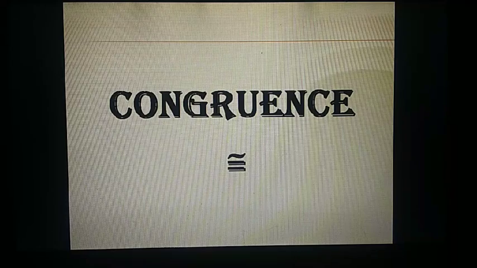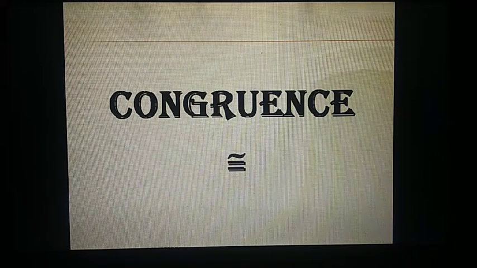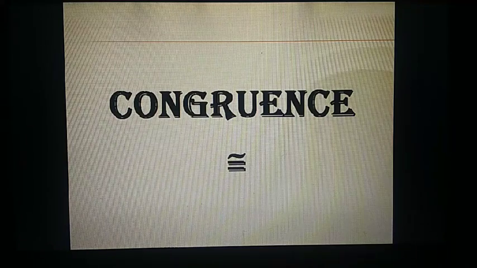Now, to understand this topic more clearly, we will consider a number of cases. So basically, the relation of two objects being similar is called congruence.